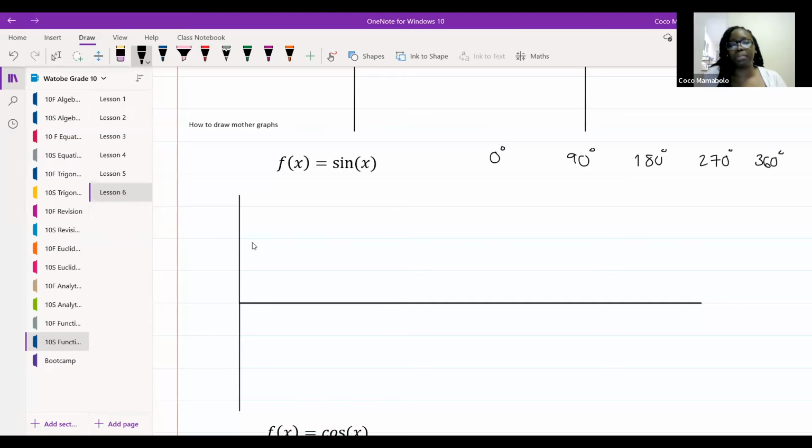Now, this is my x coordinates over here. These are my y coordinates over there. I'm going to call this 0 degrees, and it's also 0 for y.